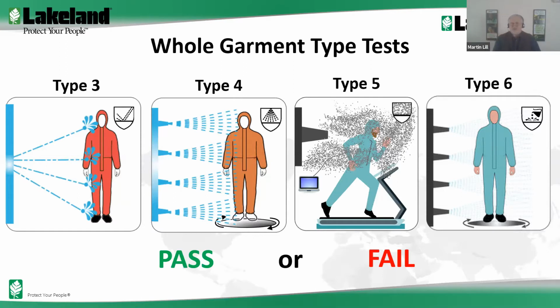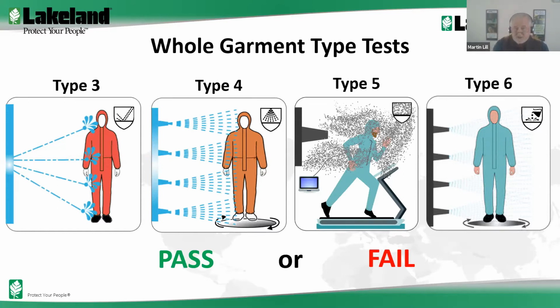Where does the misunderstanding come in? Well, unless you know the detail of that test, it's quite reasonable to assume that a pass means you're safe. A pass means there's been no penetration, so you're okay. Unfortunately, that's not what a pass means, because the reality of chemical protection with a suit like this is that it is very difficult to guarantee absolutely no penetration.